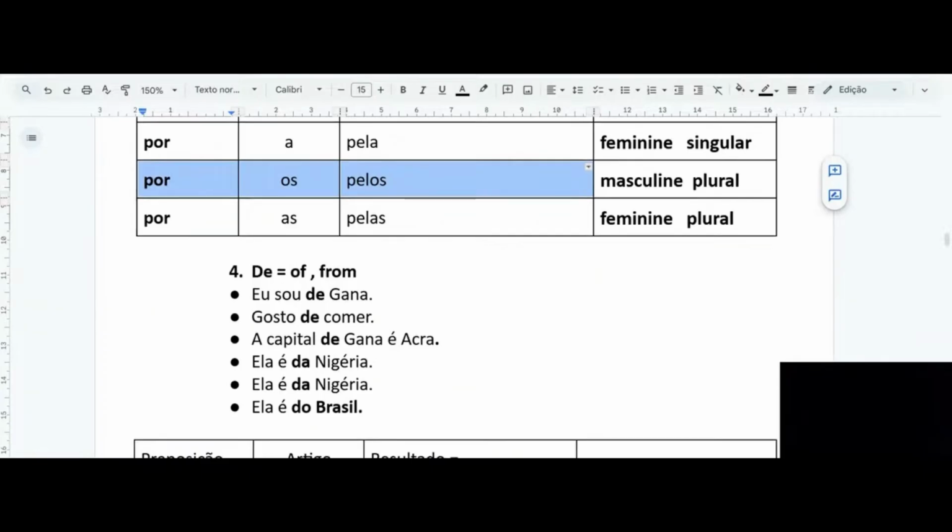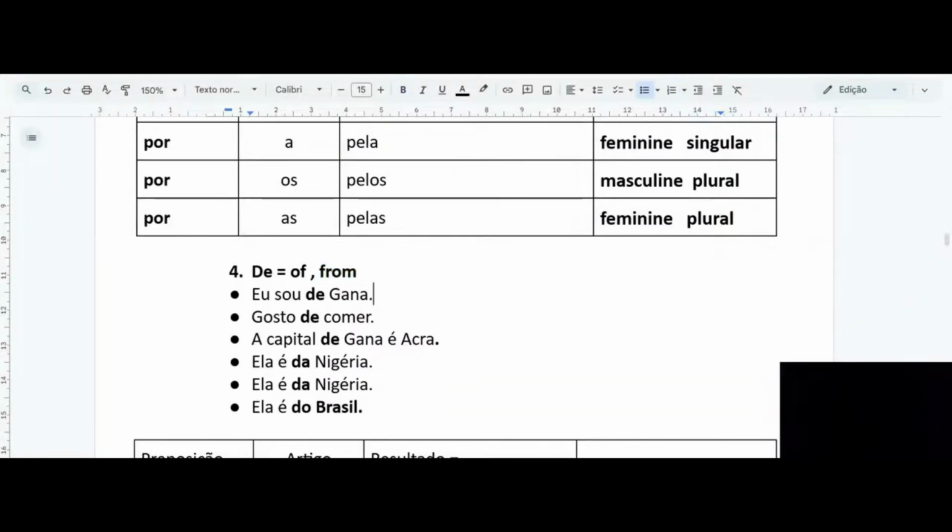Now let's come to this one, de. This was the question someone asked: how do we get de, da, do, and na, no, and em? De means of and from. Someone asked me, Simon, when is it going to be of and when is it going to be from? The more you use it, the more you get to know.